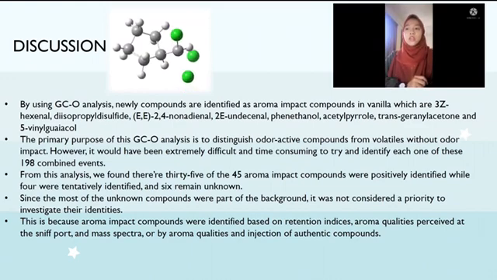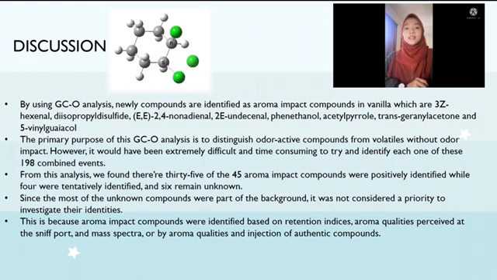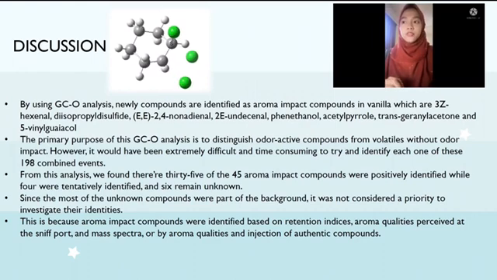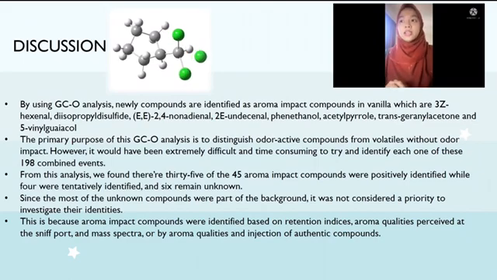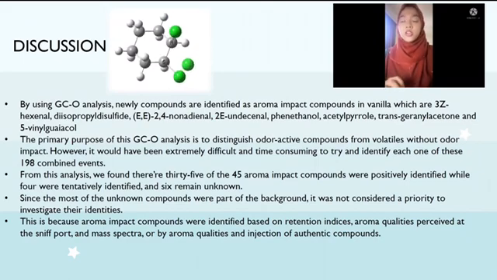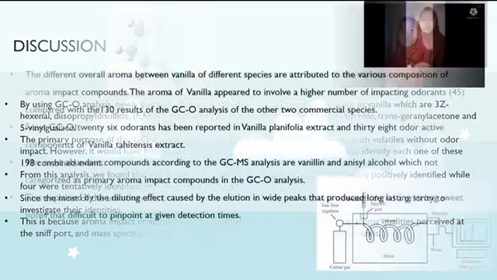Since most of the unknown compounds were part of the background, it was not considered a priority to investigate their identities. Aroma impact compounds were identified based on retention index, aroma quality perceived at the sniff spot, and mass spectra, or by retention index, aroma quality, and injection of authentic compounds.